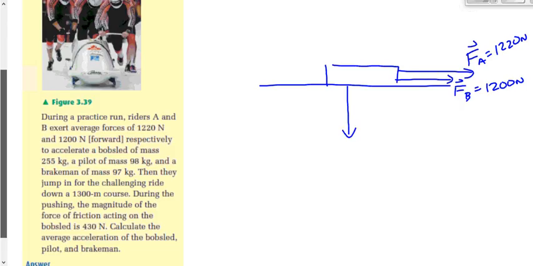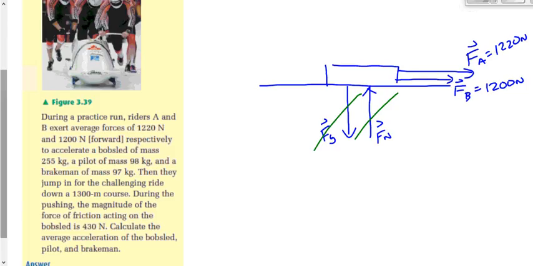So gravity acts down, and the normal force is acting up. And we know they cancel each other out, right? So I'm going to cross those off. Anything else? Besides FA, FB, FG, FN.